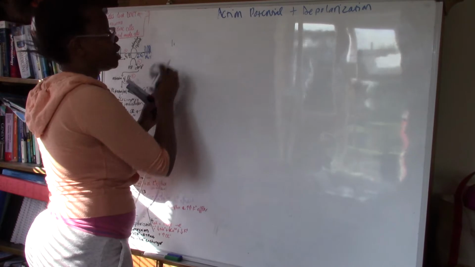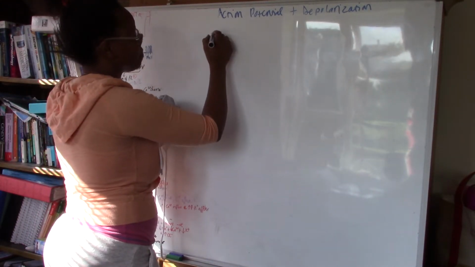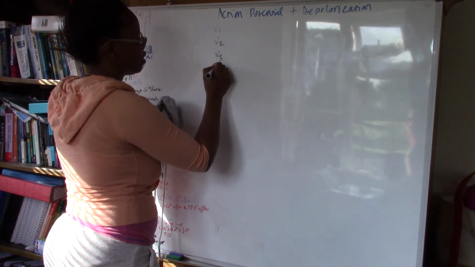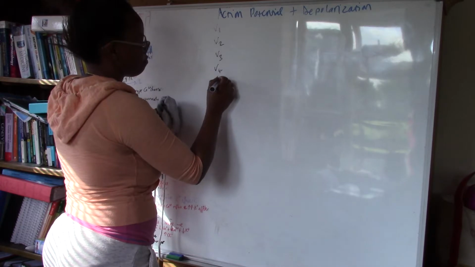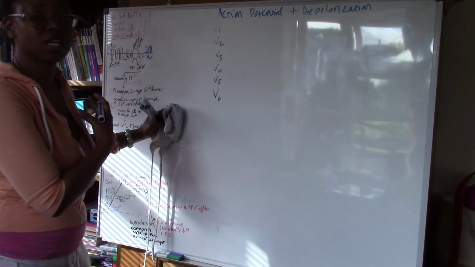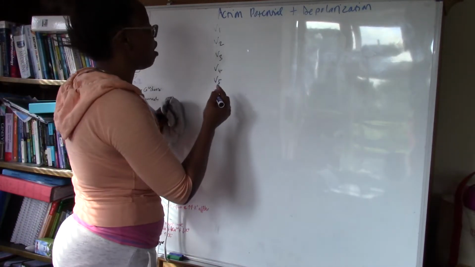And then our chest leads are V1, V2, V3, V4, V5, and V6. They're placed mostly on the left side of the chest, directly above the heart.